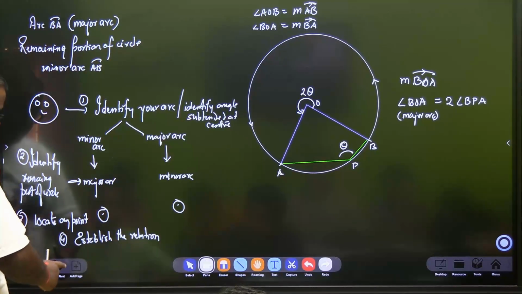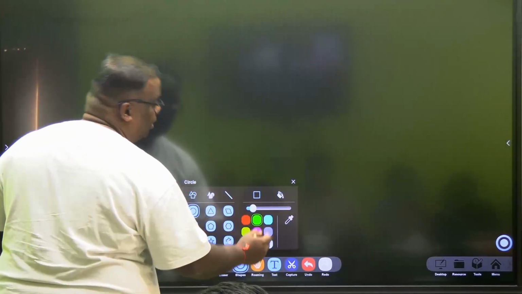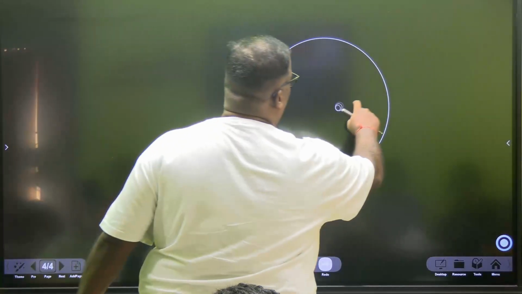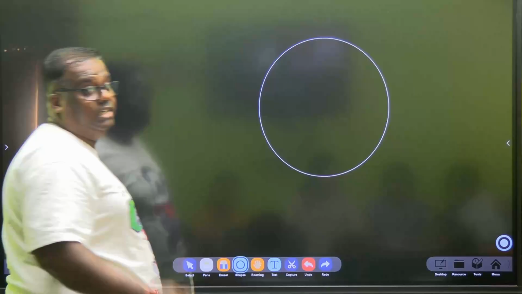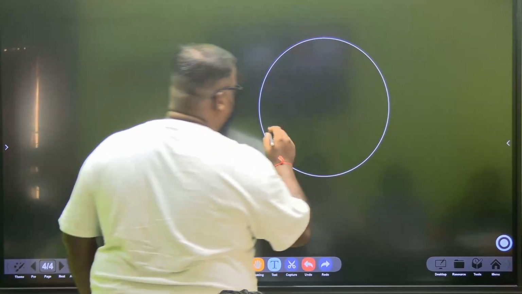चलो एक और देखते हैं अभी इसी को. It's the same thing. What were the steps? Identify the arc. Now I'm being extra biased.